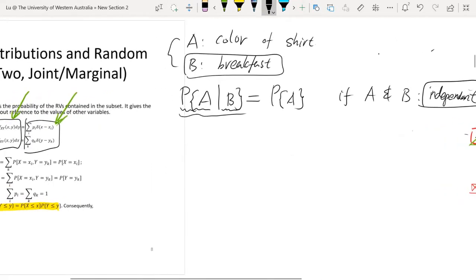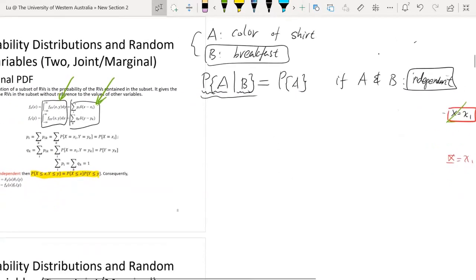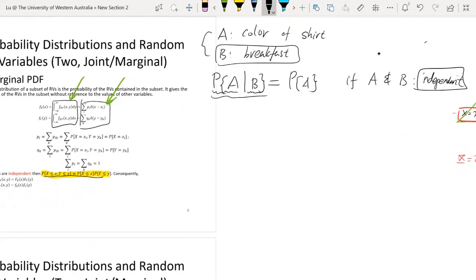Okay, so now we are going to use this knowledge to derive the joint CDF. First of all, the joint CDF F_XY(x,y), based on its definition, should be equal to the joint probability that X is smaller or equal to the lower x and Y is smaller or equal to the lower y.